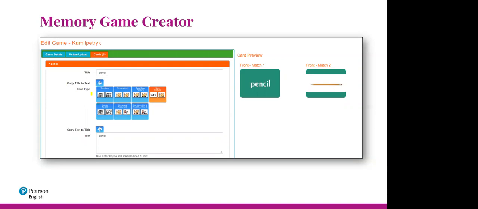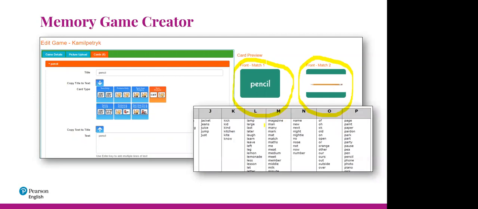These creators work in a very simple manner. You input the name, the word. You upload the picture for this name. The words for the game you take from the vocabulary list, as you can see, pencil. It's here.